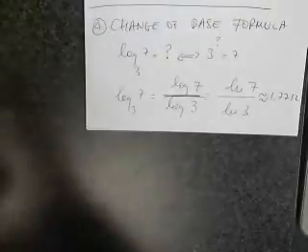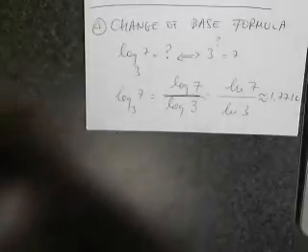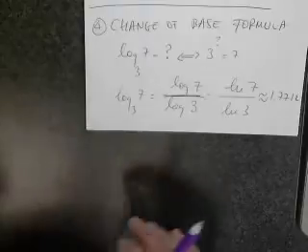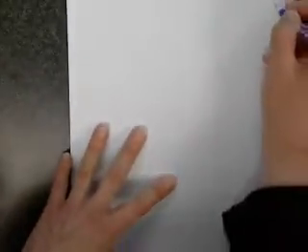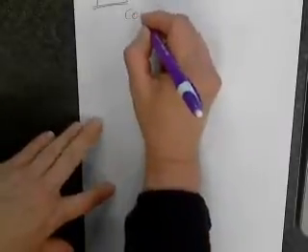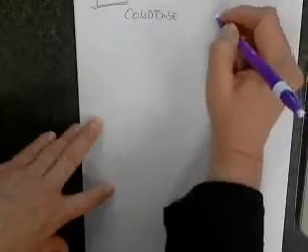Okay, I would like to practice these rules now. On page 329, we have two types of problems here. One, to condense, and the other one to expand.